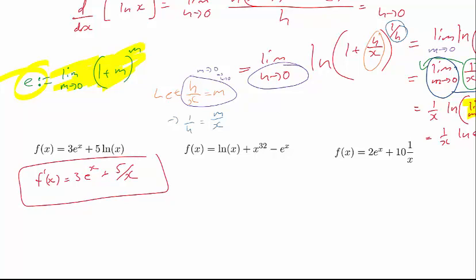All right, so this next one, f prime of x. The derivative of the natural log of x is simply 1 over x. And note that this is only valid when x is greater than 0 because there are no absolute value signs there. Okay, plus 32 times x to the 31.